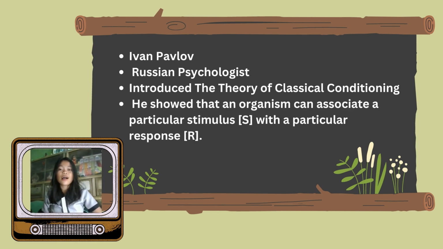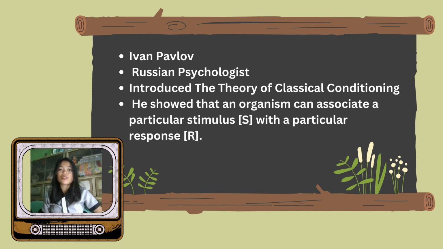At this juncture, let's now move on to the proponents of behaviorism. First, we have Ivan Pavlov. He is a Russian psychologist who introduced the theory of classical conditioning. He showed that an organism can associate a particular stimulus with a particular response.